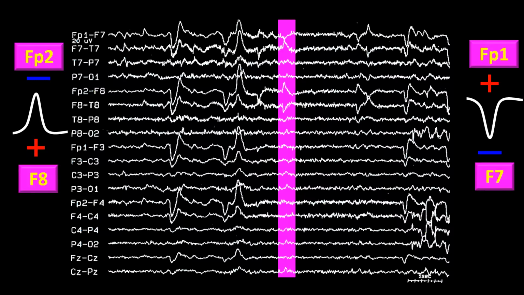Again, I have introduced this frame just to show it to you in a different way. You can see the epoch, and on both sides you can see the representation of the deflection.